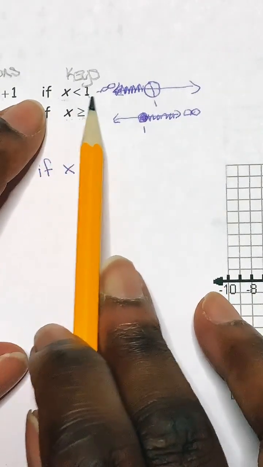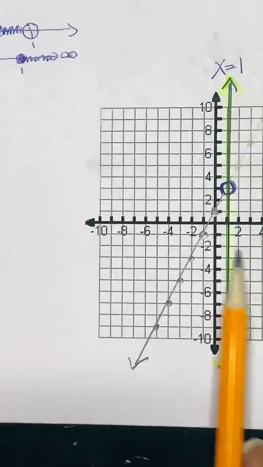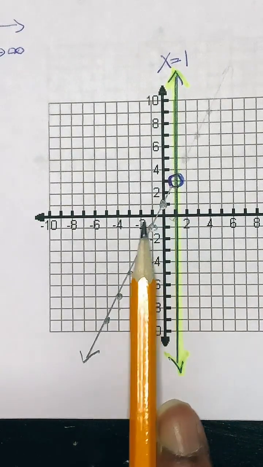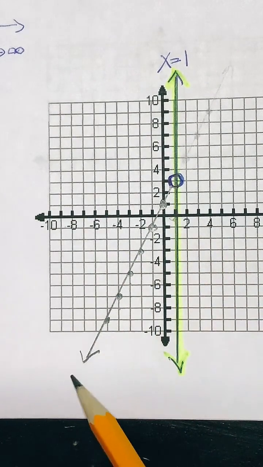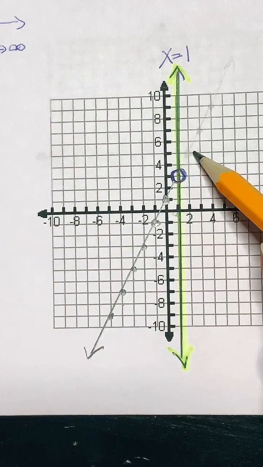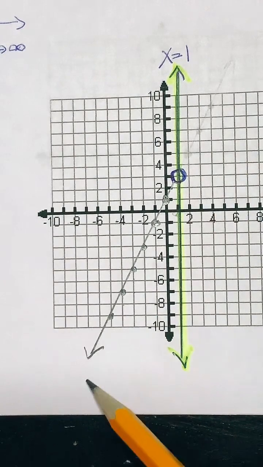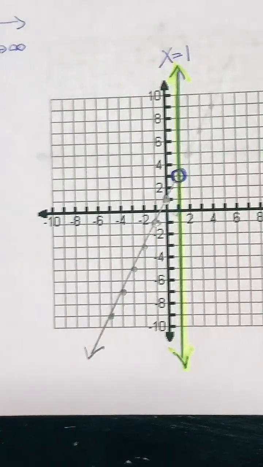Okay, the reason why we are only to graph the left side is that we only need to graph when x is less than 1. So this is where 1 is. We need to graph the side that's less than 1. So we have to graph the opposite side. It's almost like when they said up 2 over 1 and we found that line. If you want to draw the whole entire line and then just erase the right side, you can do that.